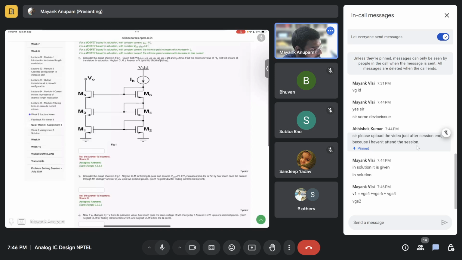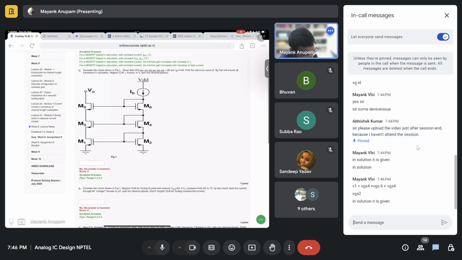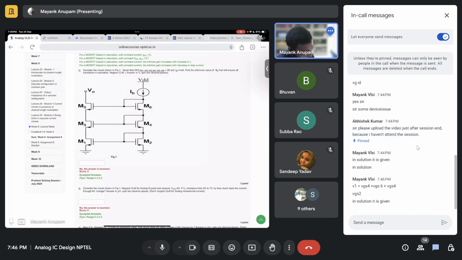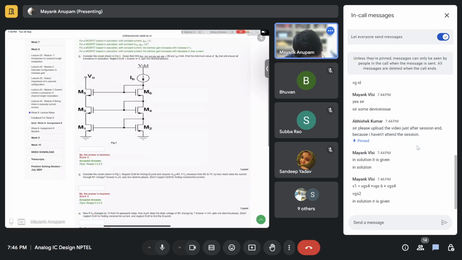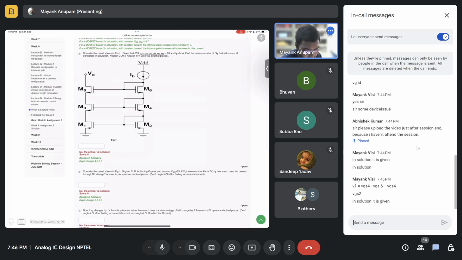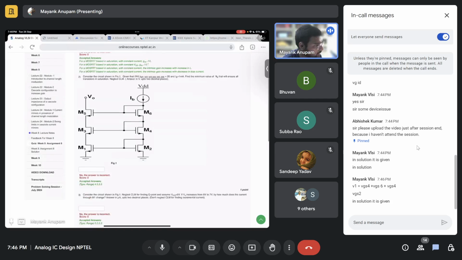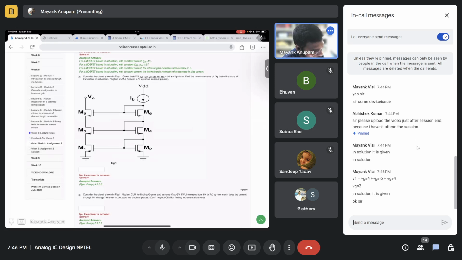I'll go through the solution myself once, and I will answer you in the next session. In the meanwhile, go through the discussion session that we had just before this. I think on Saturday I uploaded the video for that. Please go through that once and see whether you are able to understand it, because I solved a question like this in the last session. I will also look at the solutions and then try to answer you.